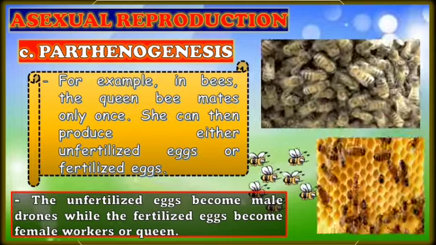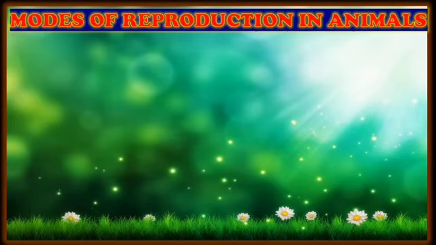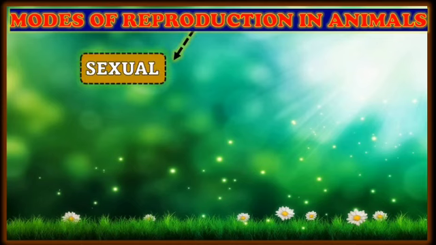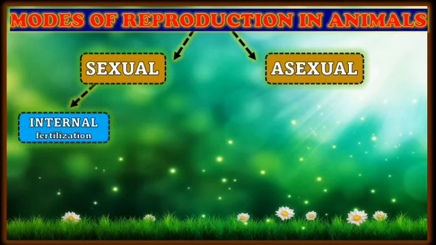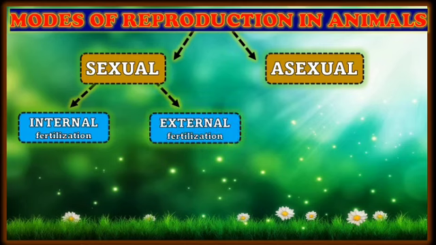So this time, class, the modes of reproduction in animals can be classified into two. We have sexual reproduction and asexual reproduction. Under sexual reproduction, we have classified them into two. We have internal fertilization and external fertilization.